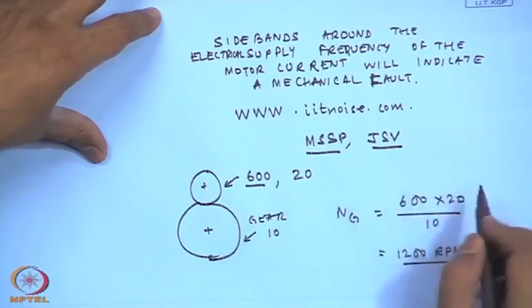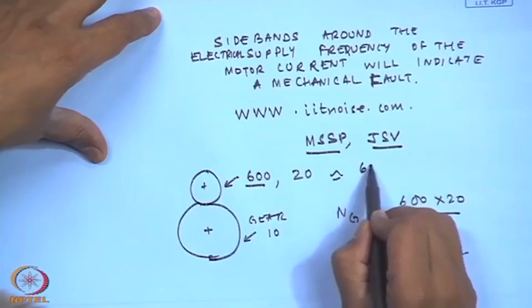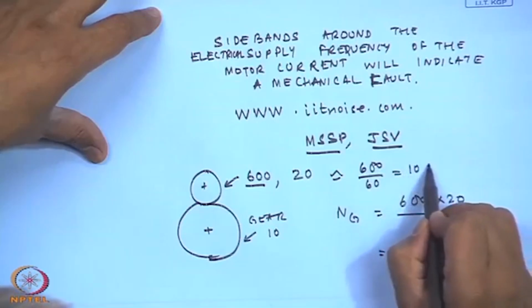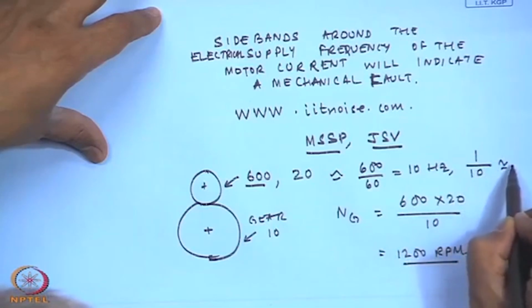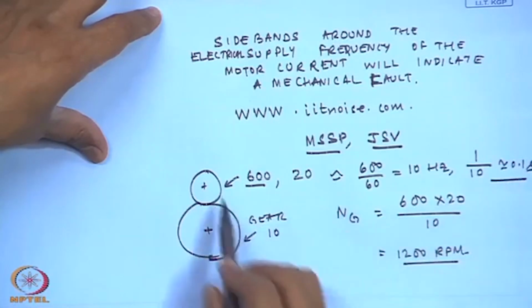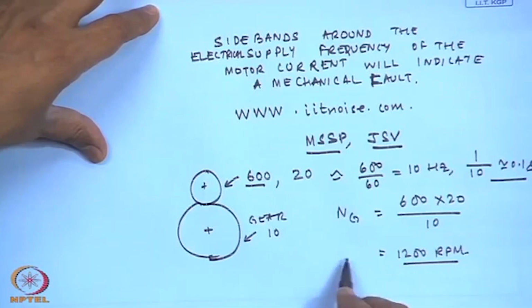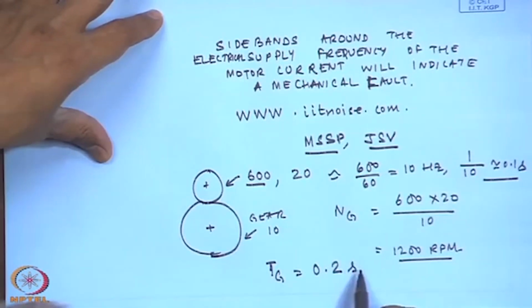So, 600 RPM will correspond to 600 by 60, that is 10 hertz. So, the time period is 1 by 10, that is 0.1 second for this one, and for this one it will be just twice. So, the time period of G will be 0.2 seconds.